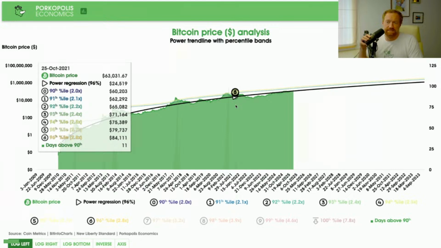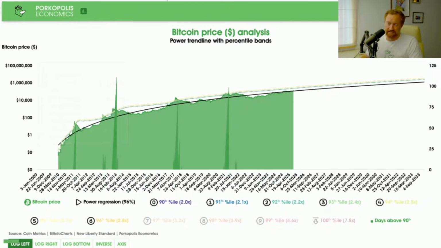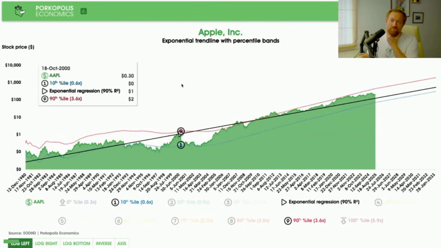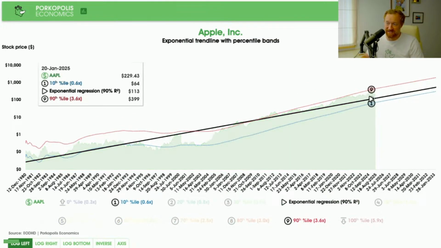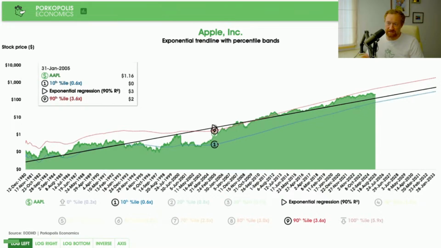All right. Let me know if you guys have anything else. I do want to come back, like I said, to MicroStrategy. I really want to look at that now compared to Bitcoin, the actual market cap. Apple, and we could track any stock if you want me to track a certain stock, but the trend line is the best way to understand where we are.